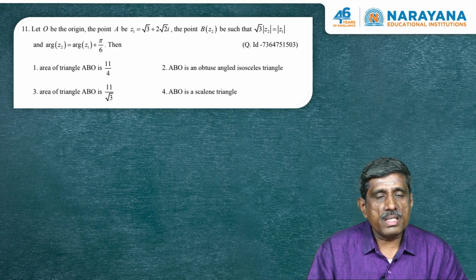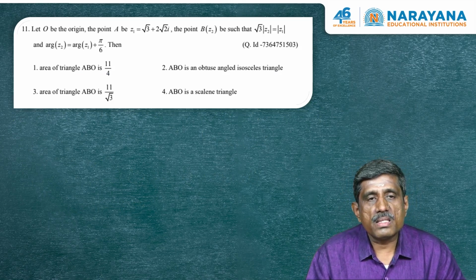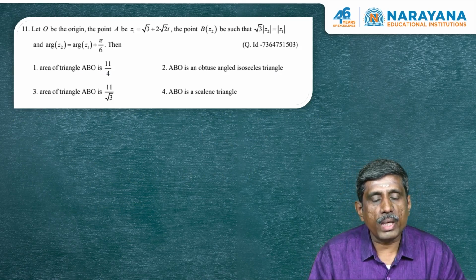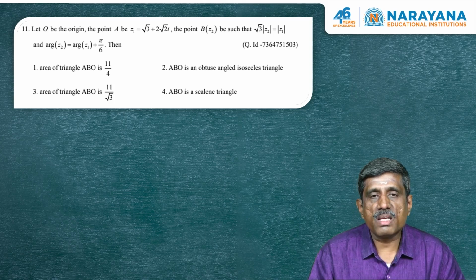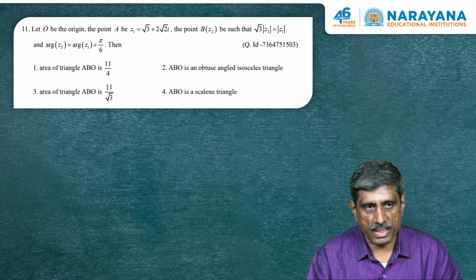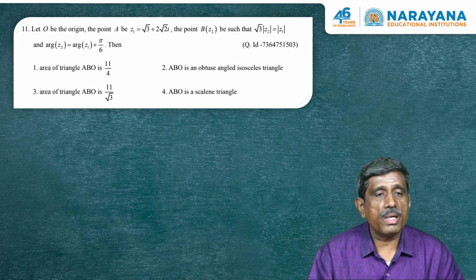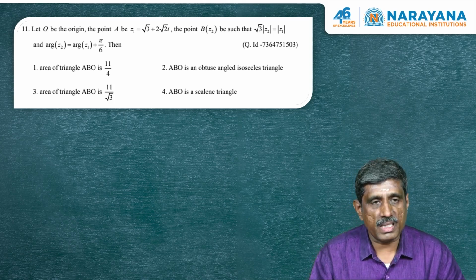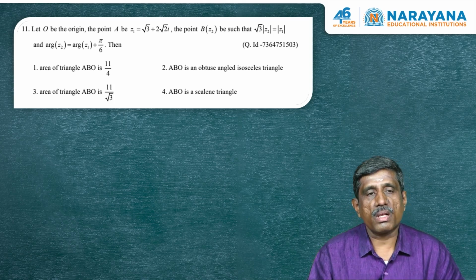Let O be the origin. The point A is Z1 is equal to root 3 comma 2 root 2i, and the point B of Z2 is given by root 3 times mod Z2 is equal to mod Z1, and argument of Z2 is argument of Z1 plus pi by 6. Then which of the following are correct?